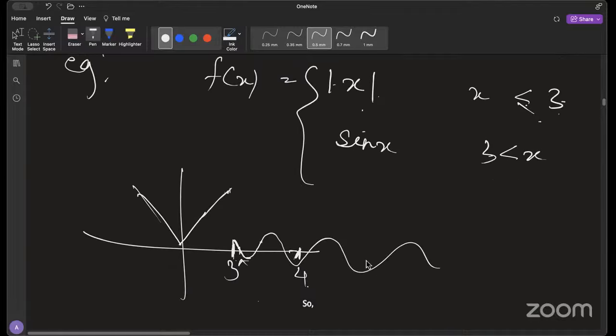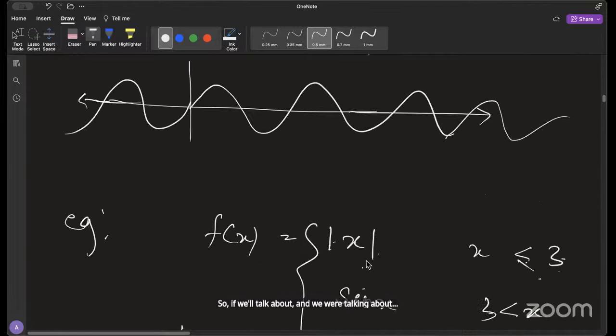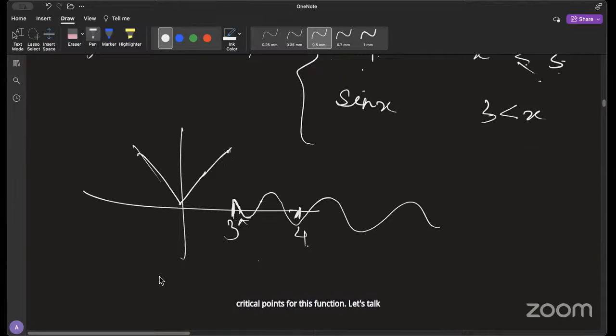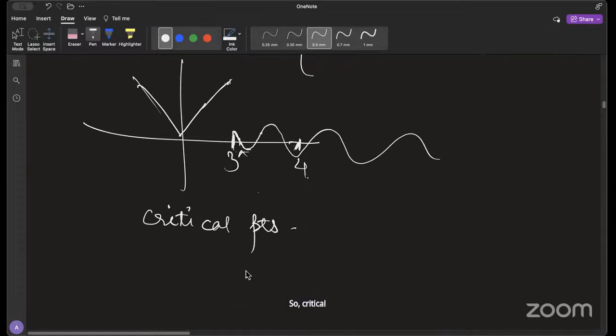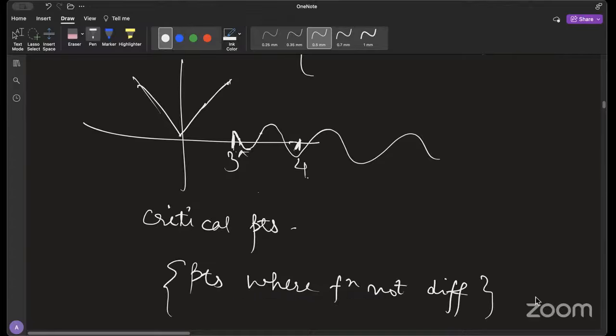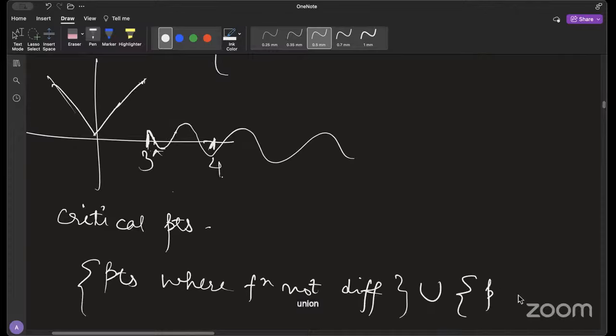So we were talking about critical points, so let's talk about critical points for this function. Critical points are points where the function is not differentiable, union points where the derivative is 0, right?